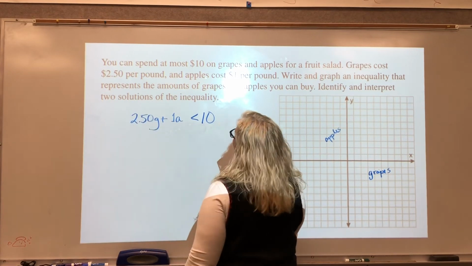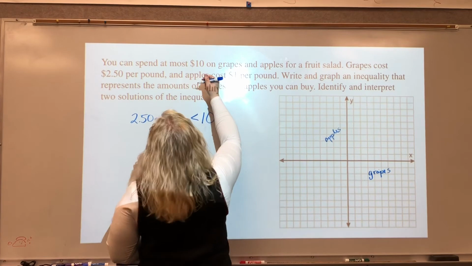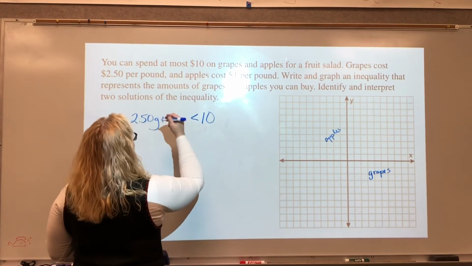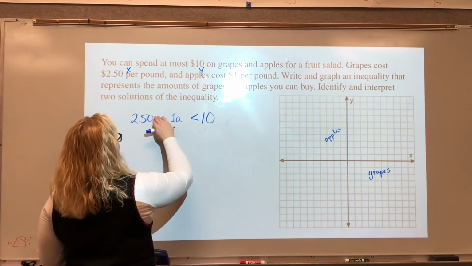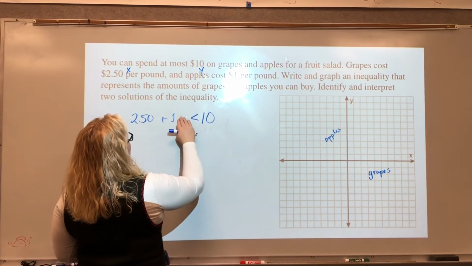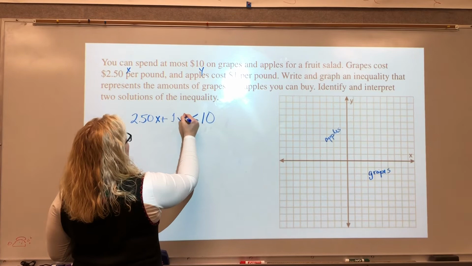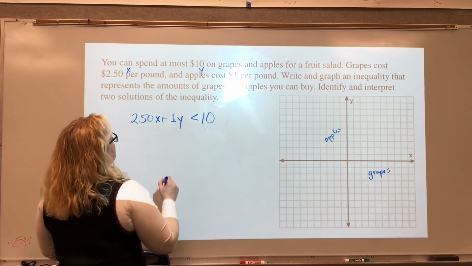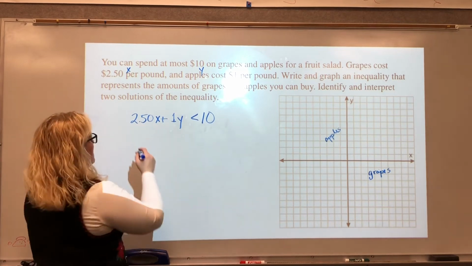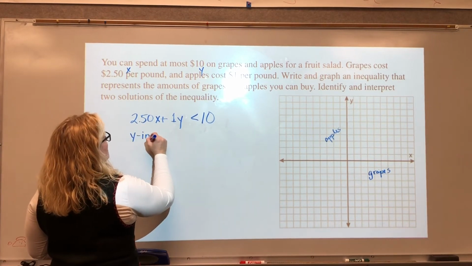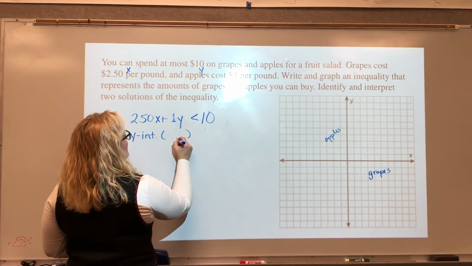Maybe I should have done, you know what, let me switch this. We're going to make grapes x and apples y, because this is just complicated. Okay, so I'm looking for the y-intercept. That means x is 0.